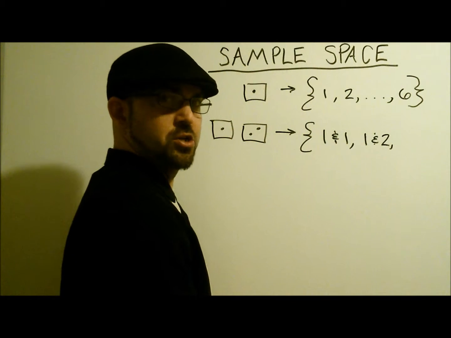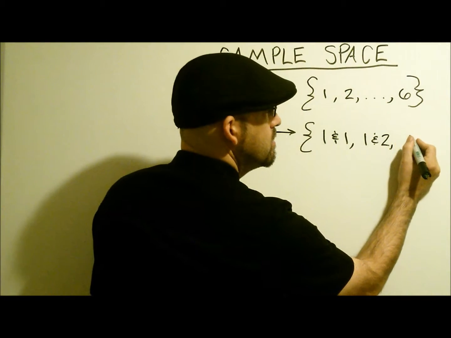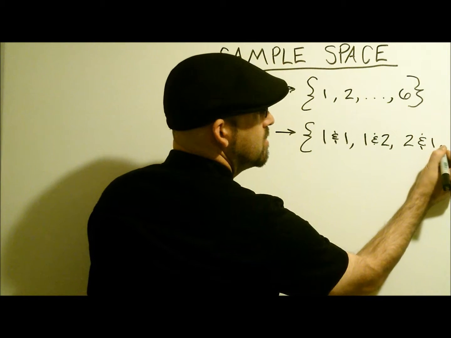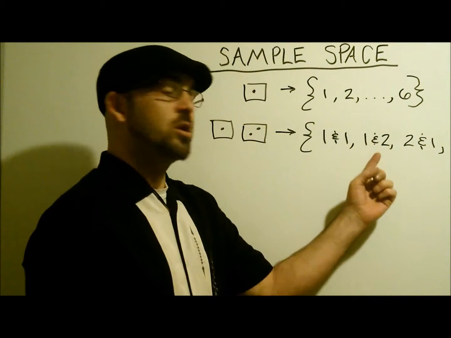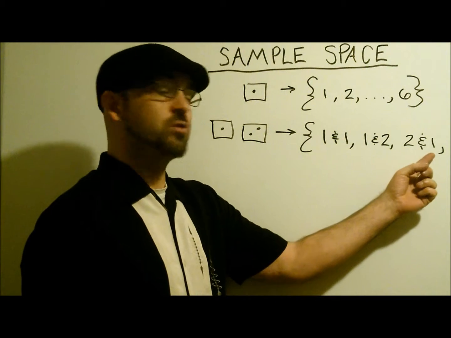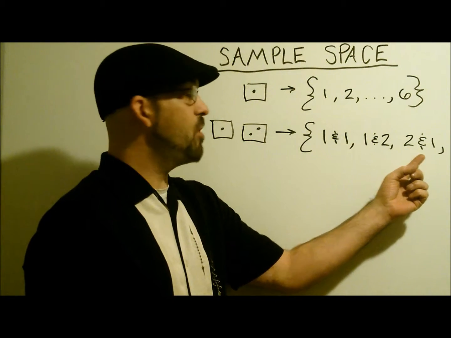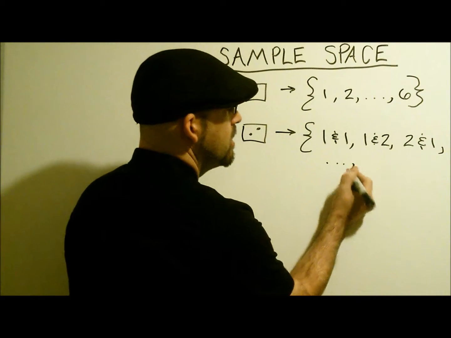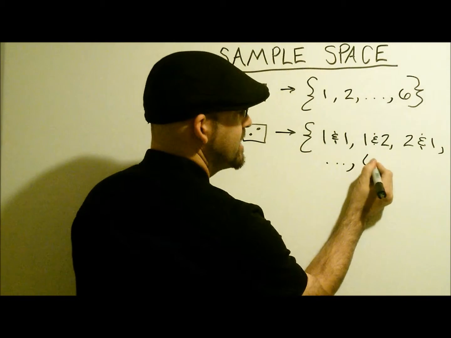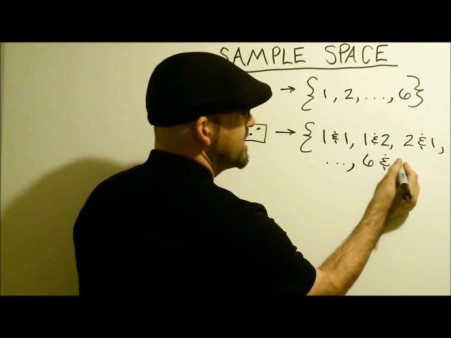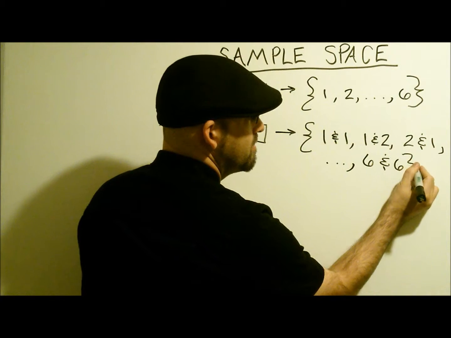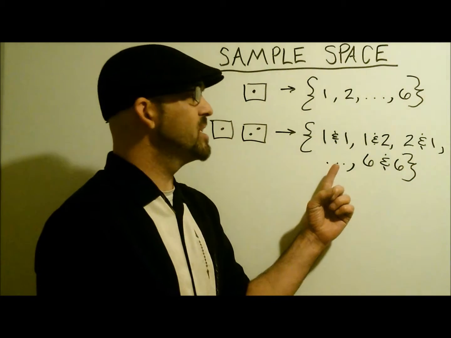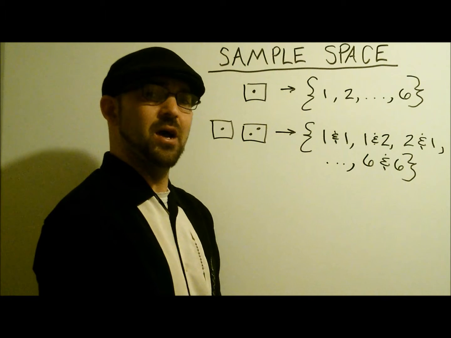We could also roll a 2 and a 1, right? Notice, the 1 and the 2, and the 2 and the 1, they repeat. They both have a sum of 3. And we continue on all the way until we get a 6 and a 6. This way seems a little bit more difficult. Let's find another way.